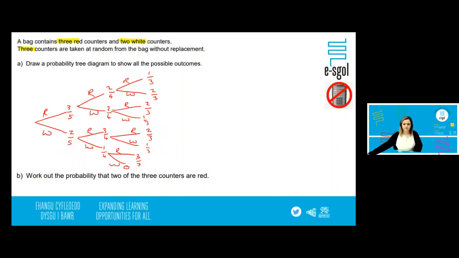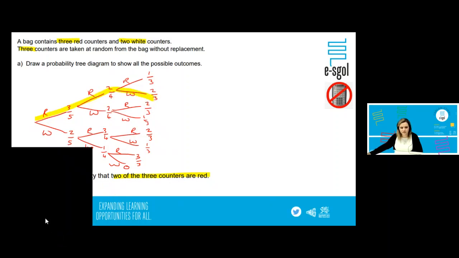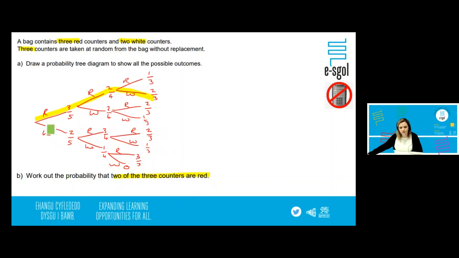So it says work out the probability that 2 of the 3 counters are red. So let's have a look. Starting at the top, be quite logical about the way you're following this. So 2 out of the 3. So if we're following red on the first one, red on the second one, then it must be a white for the third one. But we can get another 2 reds off this top one.